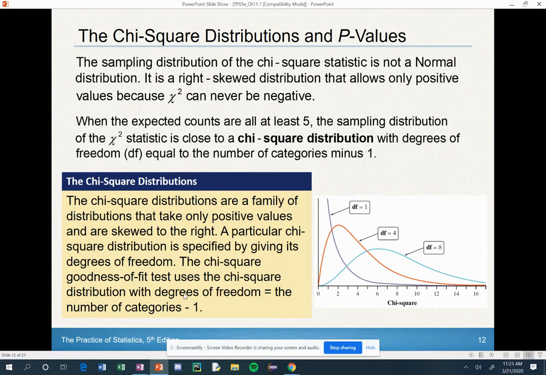Okay, so they give you 3 examples here of 3 different distributions, which are not ours. These are the distributions for different degrees of freedom. Notice our degrees of freedom are 5. So try to see if you can see a pattern in here. The apex of this curve gets pushed further and further to the right when the degrees of freedom go up.